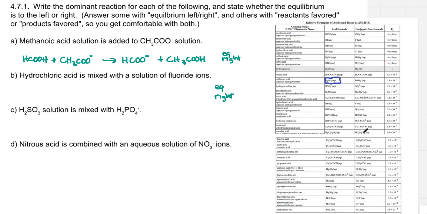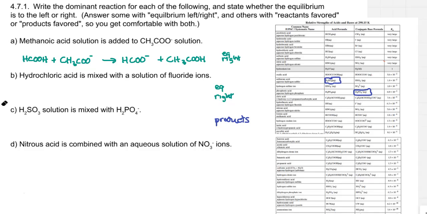Where is that? Sorry for the slowness. Here we are. Here's phosphoric acid. H2PO4 is right there. So this one's kind of close, but it is still downhill, so it is still spontaneous, or the equilibrium's to the right. Or you could say it favors the products, which is the same thing.